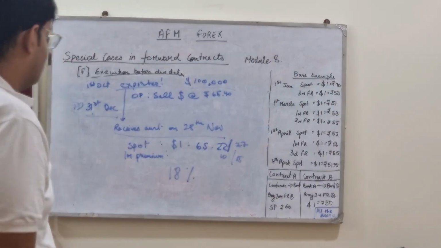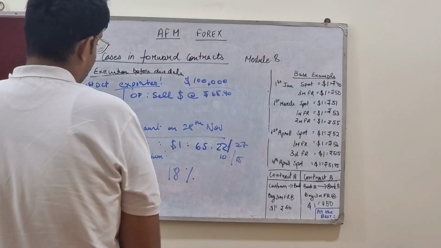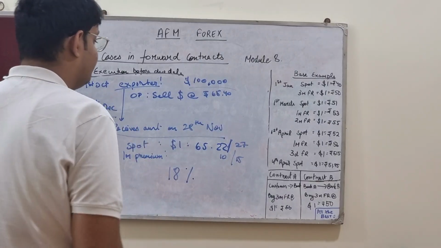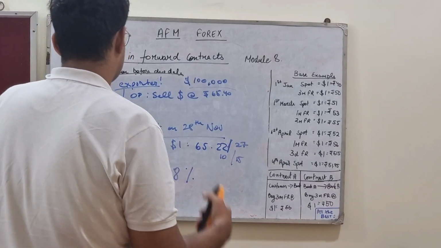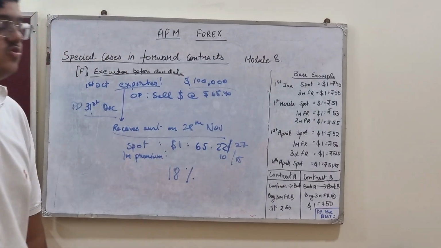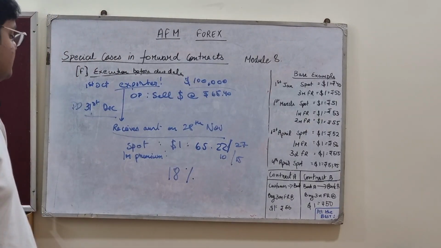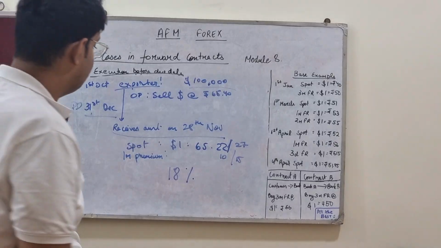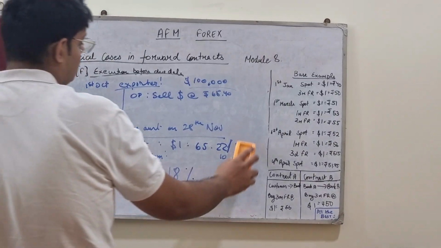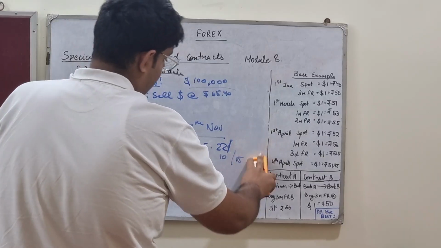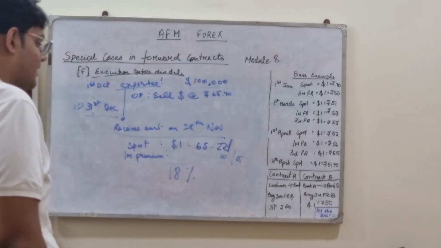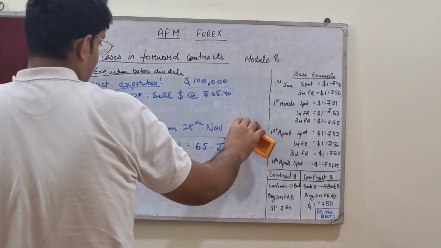Okay, now we can start off with removing the irrelevant details. So the original position is sell. So on 28th November, we will have to receive the dollars and sell it ahead. So the irrelevant rate here is the ask rate, because we are not buying it, we will be selling it to another bank.